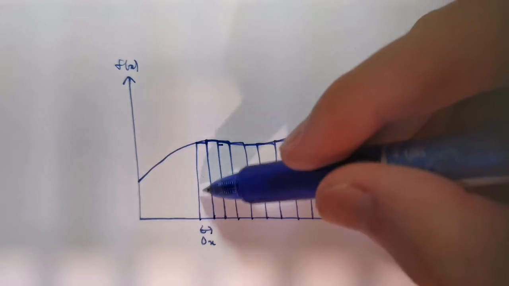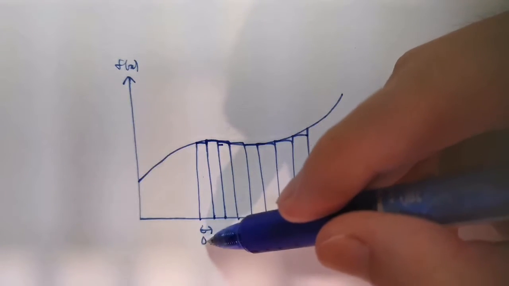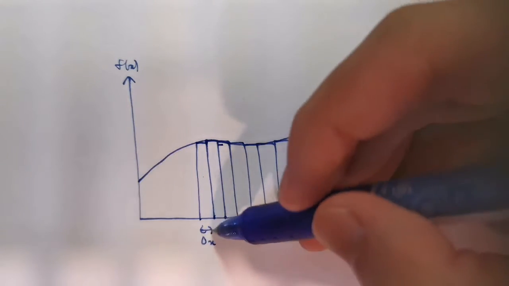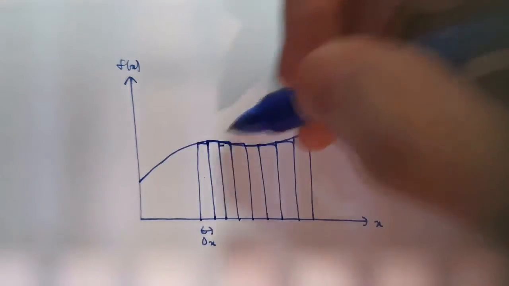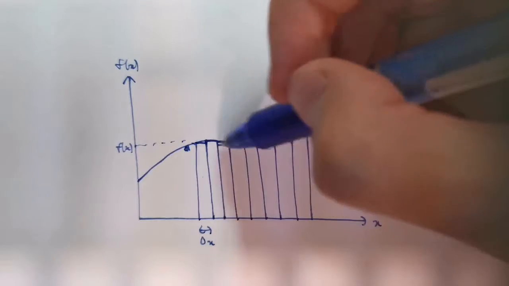So for each rectangle, the width is delta x, and your height is the value of f(x) at whatever point that is.